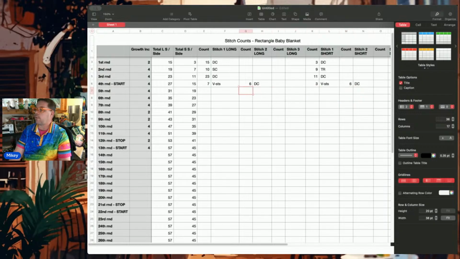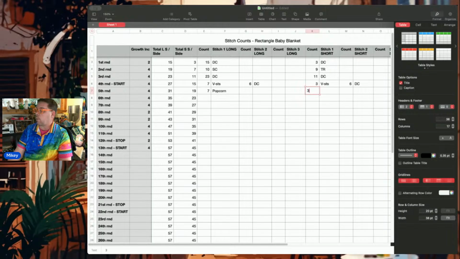So that becomes math. When this repeats again here, we're going to take that number and do a calculation. So 5th round is just bobbles. We have the same number of V stitches because the bobbles work in. So we have 7 bobbles, or 7 popcorn.